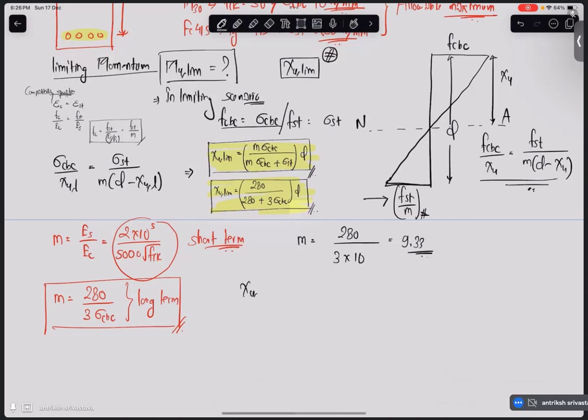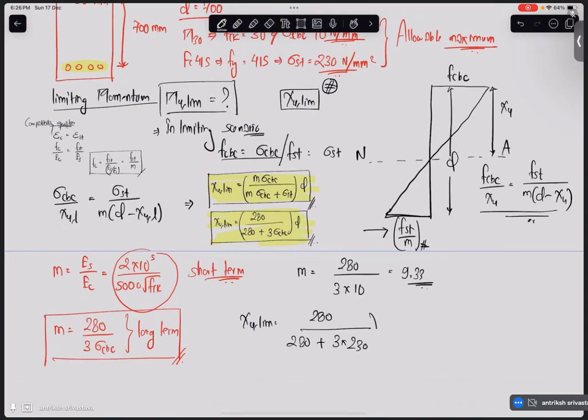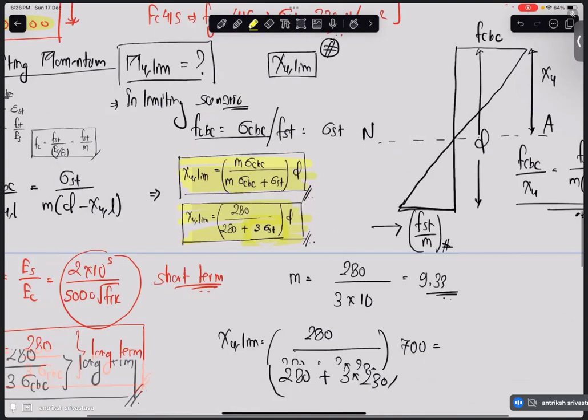Sorry, xu limiting. We have 280 divided by 280 plus 3 into sigma st, that is 230, into d, that is 700. Alright, so here I have made a mistake. Let me clarify that. So here I put 3 sigma cbc, that should be 3 sigma st. So make sure you have corrected this.